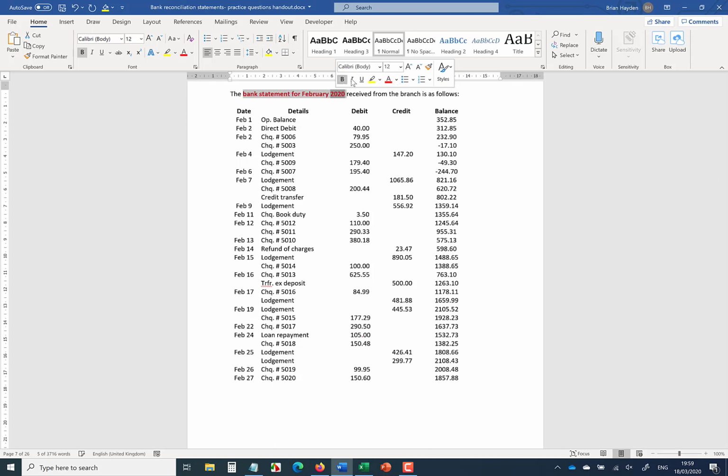Okay, and the final piece of information is the bank statement for the month of February. This would have been prepared by the bank and would have been posted out or emailed, and it shows all the transactions that went through the bank during the month of February.